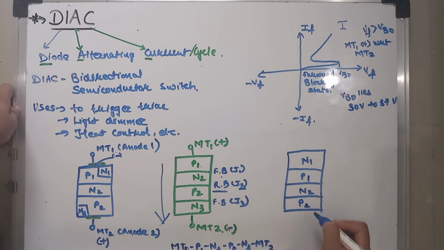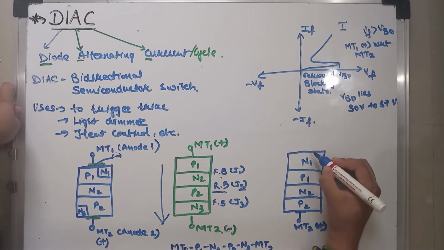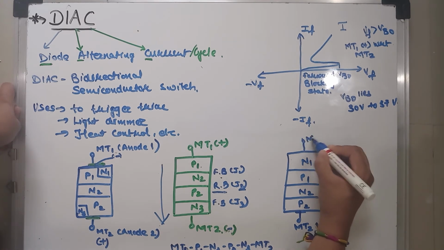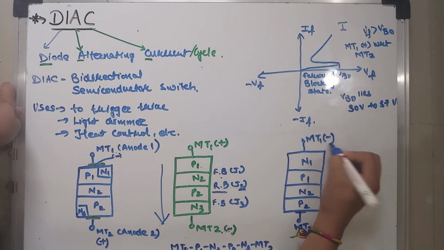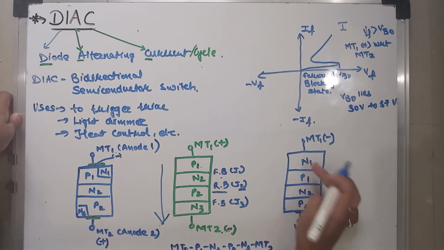Those are the layers which will be activated when MT2 is made more positive with respect to MT1.